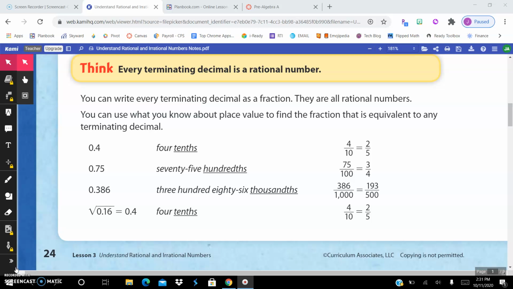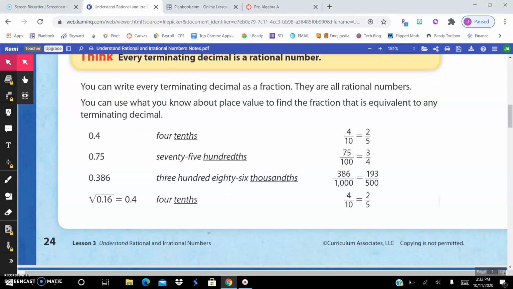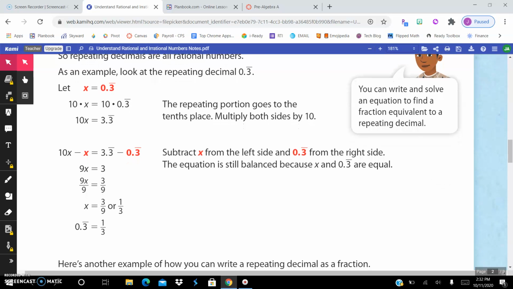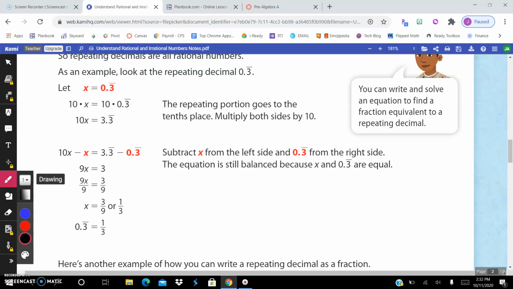So here's a few examples of how you can take a decimal and write them as a fraction and then reduce them. Now, if they're repeating, they're still fitting under the rational category, but remember I showed you how to write them as a fraction using this solving method here.